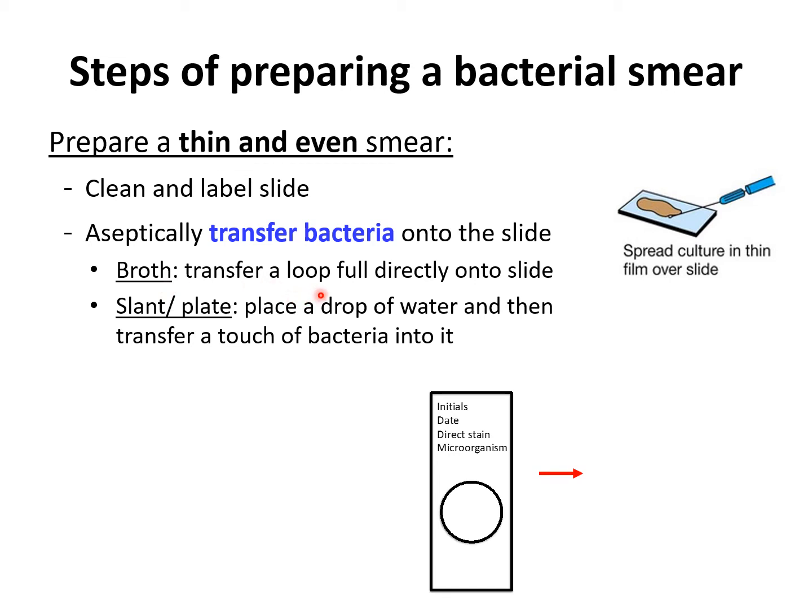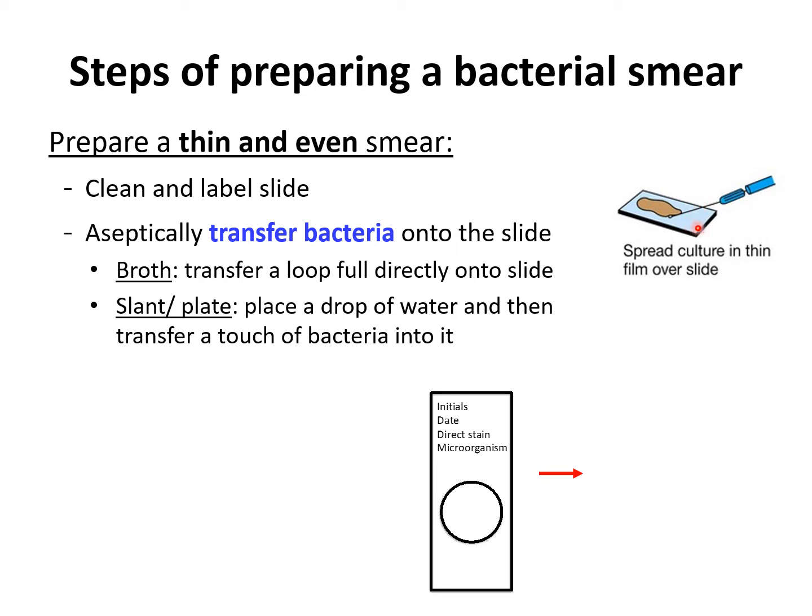And then you take that loop full of bacteria and put it directly onto your slide, and then using your inoculating loop, you're going to smear that bacteria onto your slide. You want to make sure that you are smearing it evenly. Of course, don't smear the part that has your initials on it.